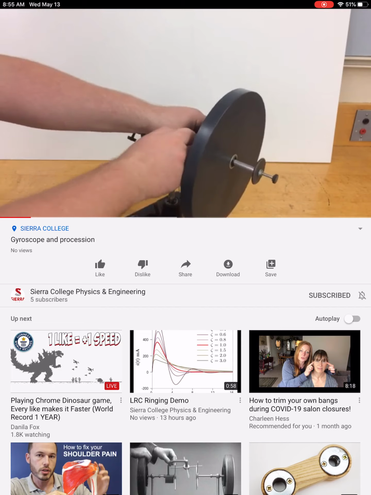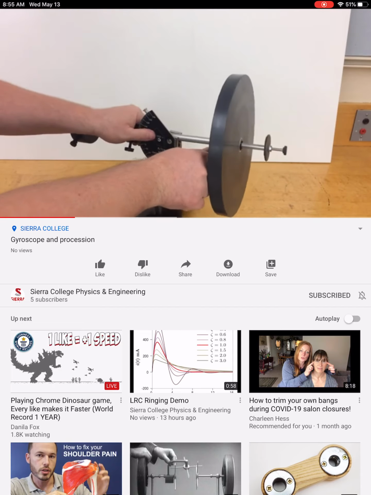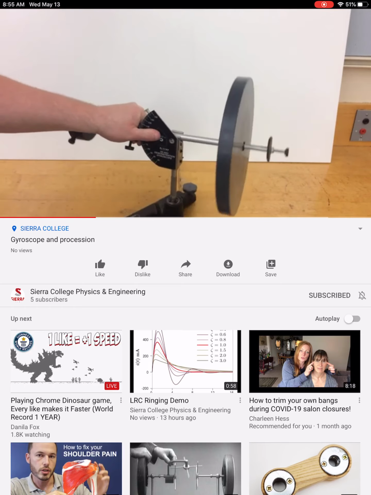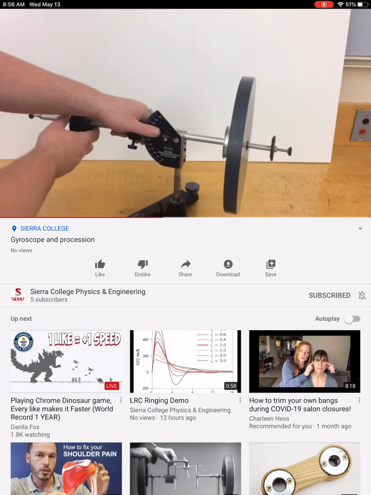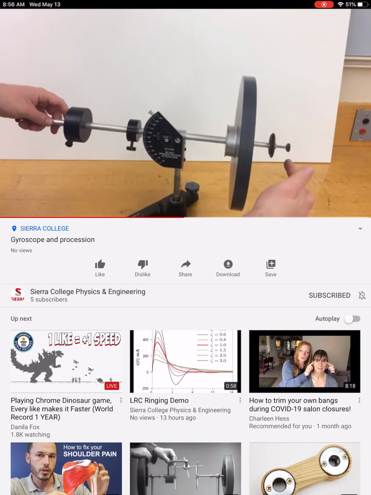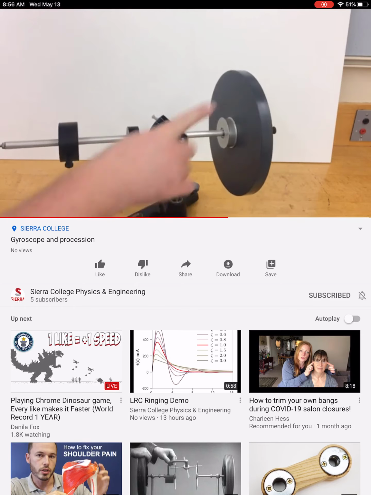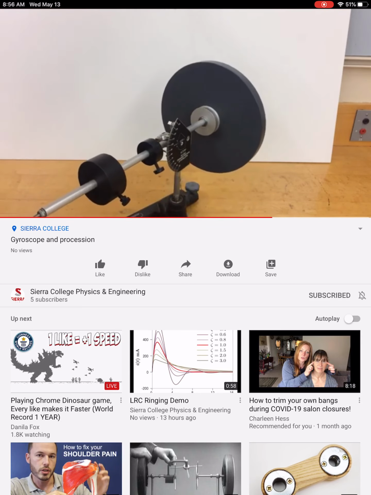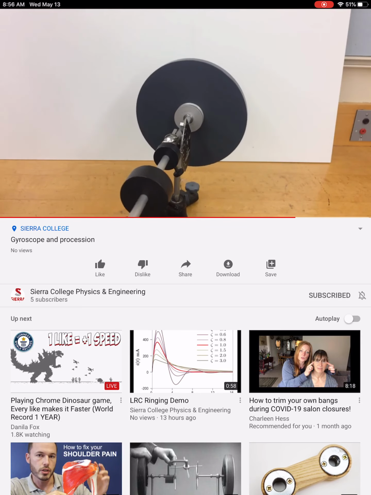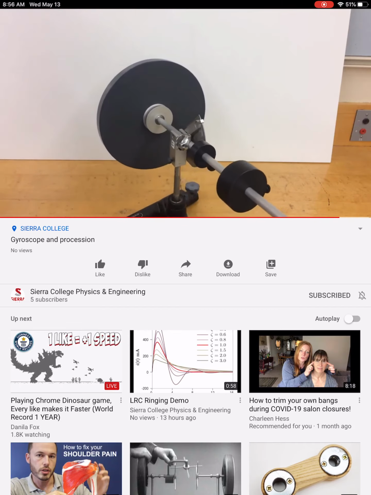On this gyroscope, I'm going to increase the spinning of this large disc, and note it has adjustable masses on the front. As I let it go, I'm getting a precession in one axis and a precession in a different axis. Pretty cool. And that is due to the masses and where they are placed.